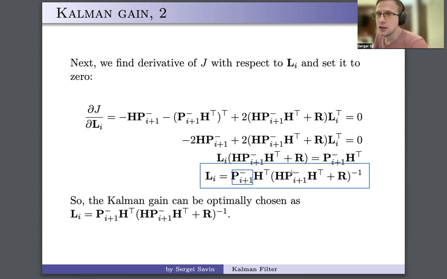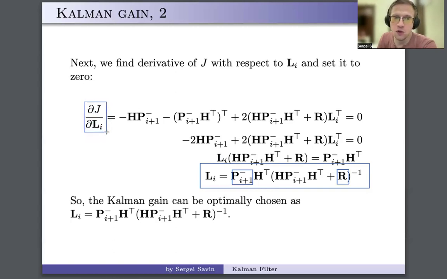Eventually, it's not going to shrink to infinity, because this R and eventually the Q will definitely prevent it from going to zero. You would always have some randomness in your behavior, but we can at least make sure that your covariance does not increase.